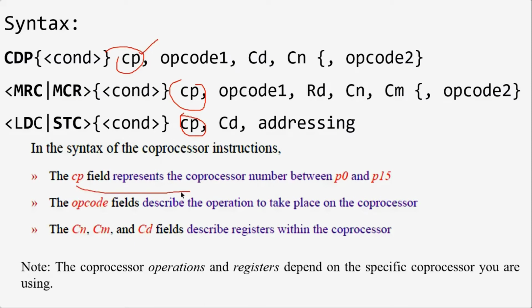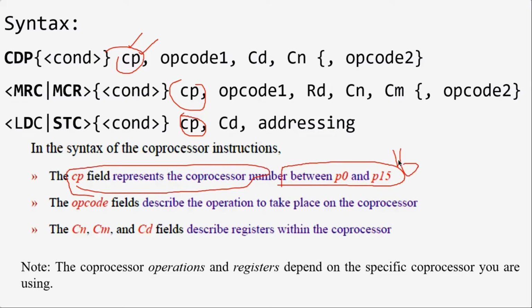The CP field represents the coprocessor number. Every coprocessor will have a number, so to whom we are talking must be written here. There is a possibility of 16 coprocessors in ARM, CP0 to CP15.